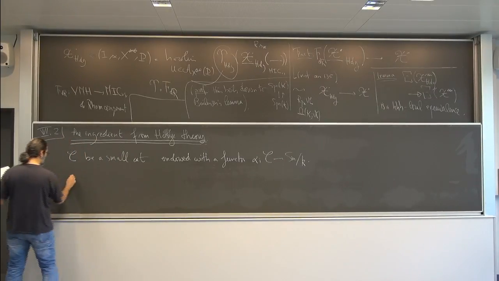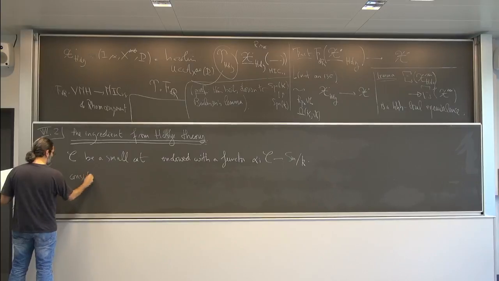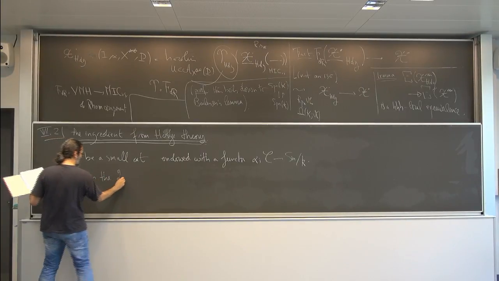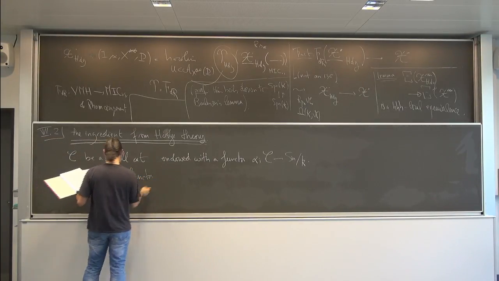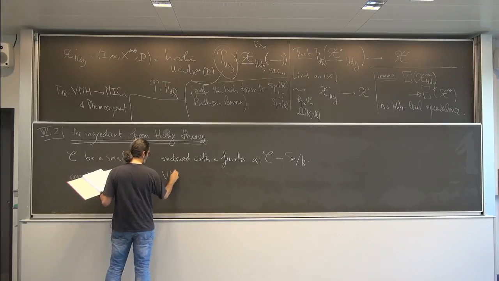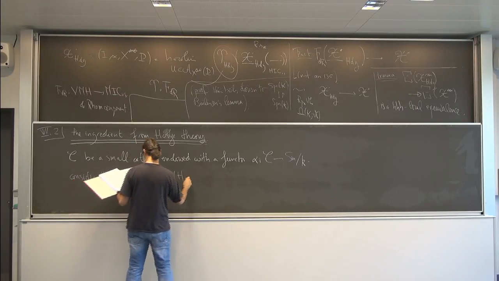So we consider the two-functor that I denote by variation of mixed Hodge structure, VMH.